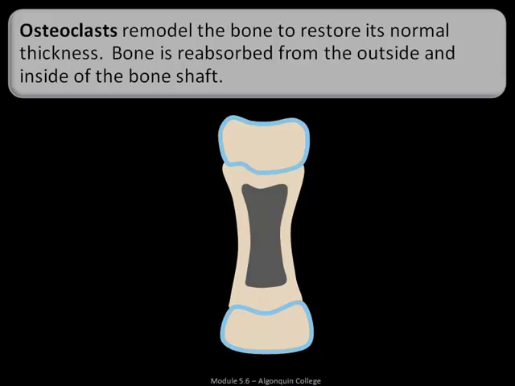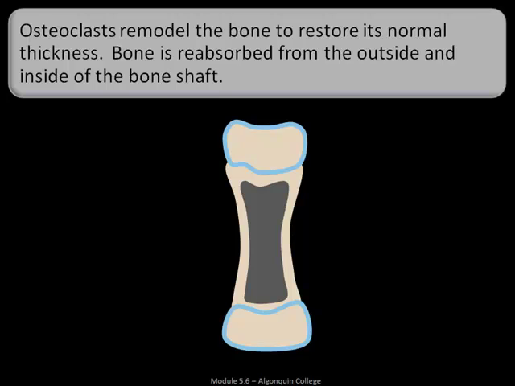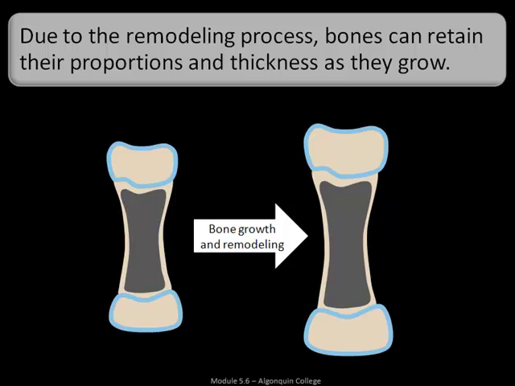Osteoclasts remodel the bone to restore its normal thickness. Bone is reabsorbed from the outside and inside of the bone shaft. Due to the remodeling process, bones can retain their proportions and thickness as they grow.